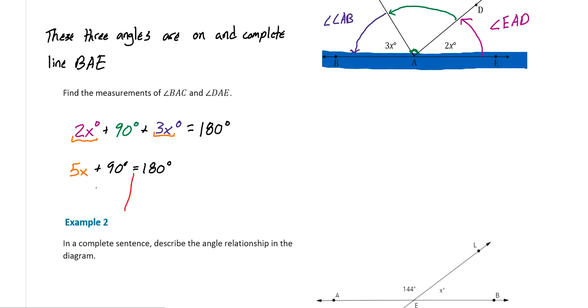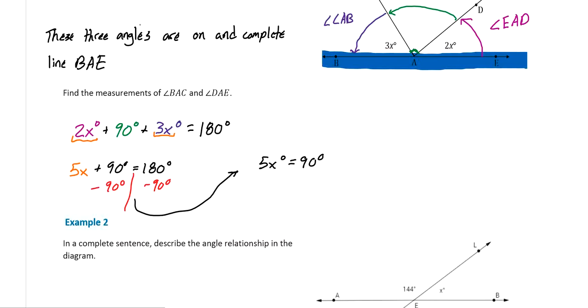So I can subtract 90 degrees from both sides. That'll leave me with 5x degrees equals 90 degrees. And I just say, oh, what is 90?